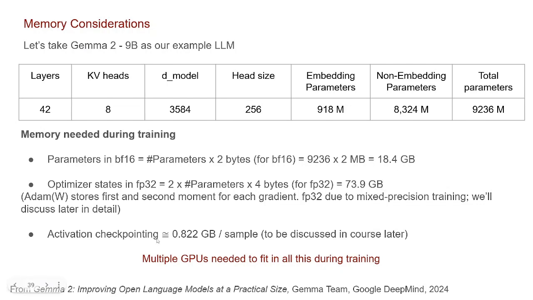And for activations, let's say that we choose a scheme where we save only a subset of the activations. So reasonably, we can assume 1 GB for every sample, where a sample comprises around 8K tokens. So overall, we see that we are going to need multiple GPUs to fit everything in during training.